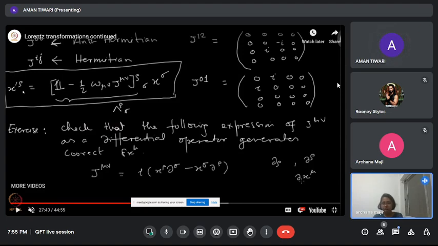Let's start with lambda 0 0. So x prime 0 is lambda 0 0 x0 plus lambda 0 1 x1 plus lambda 0 2 x2 plus lambda 0 3 x3. That's what it means.